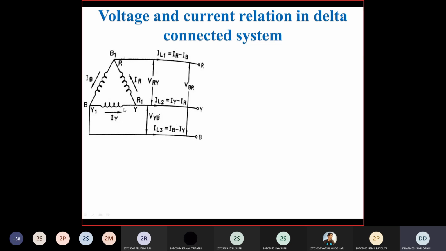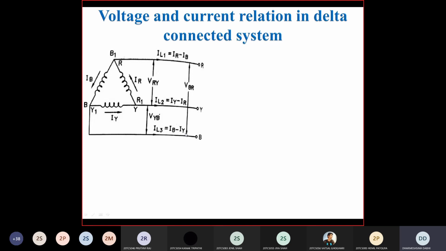Same way you can find the current in line 2, IL2: incoming current at node Y is IY, outgoing current is IR. So the resultant current flowing into the line is incoming current IY minus outgoing current IR. Same way in line 3, IB minus IY.